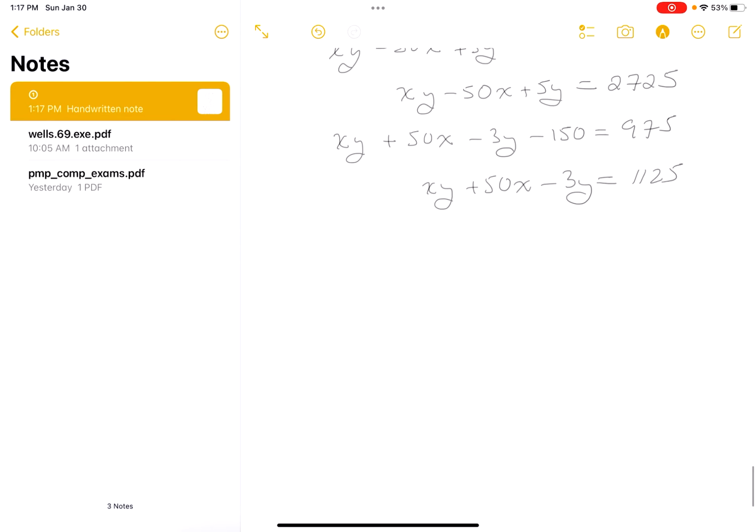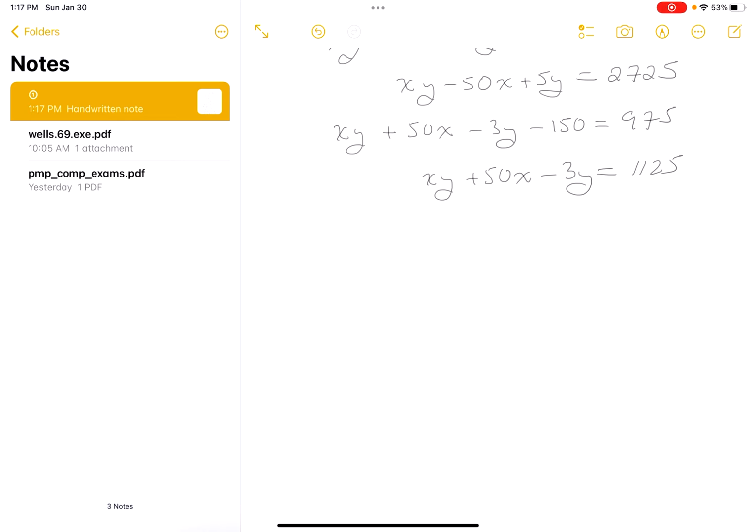So let me write those two equations down now. And I'll write it over here. And you get xy minus 50x plus 5y equals 2725. And then what do you get for the second equation? You get xy plus 50x minus 3y equals 1125.